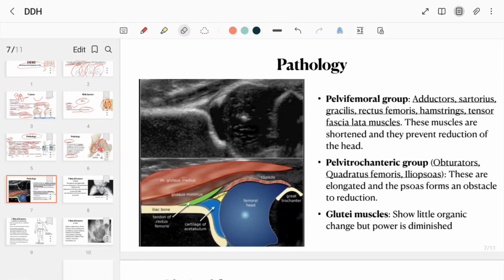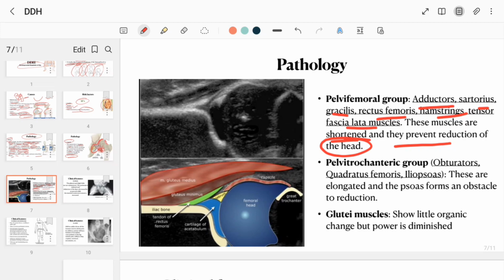The another pathology is related to the groups of muscles. The first one is the pelvifemoral group that includes the adductors, sartorius, gracilis, rectus femoris, hamstrings, and tensor fasciae latae muscles. Okay, these muscles are shortened and they prevent the reduction of the head. This is one of the causes related to the pathology.